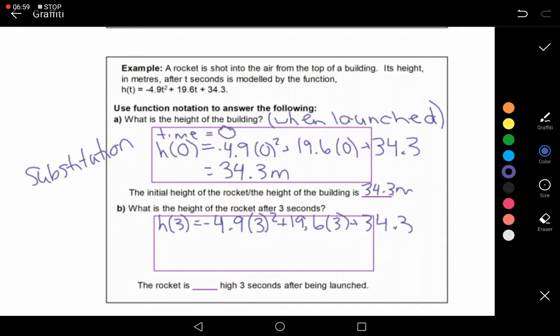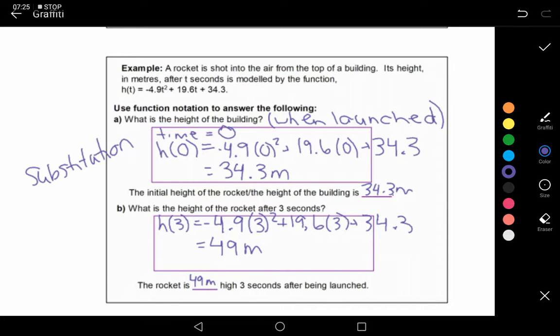Okay, so I'm just going to do this all in one step. But obviously you would do 3 to the power of 2 is 9, and then you can multiply everything out and then add everything together. After you do all of that, you should get 49 meters. So the rocket is 49 meters high after 3 seconds.